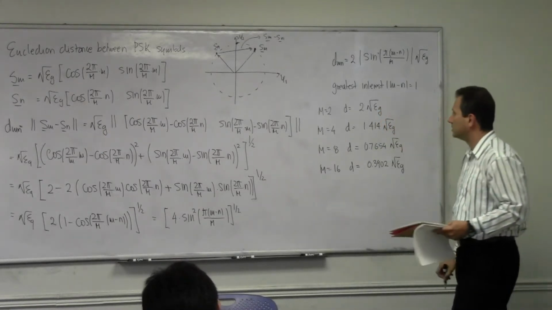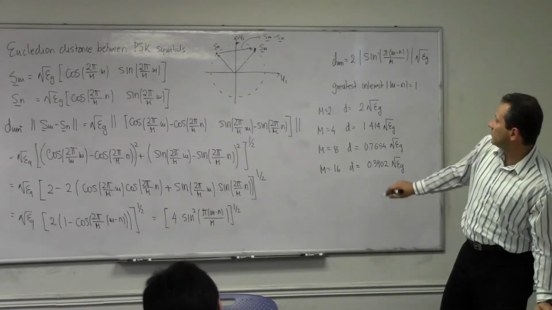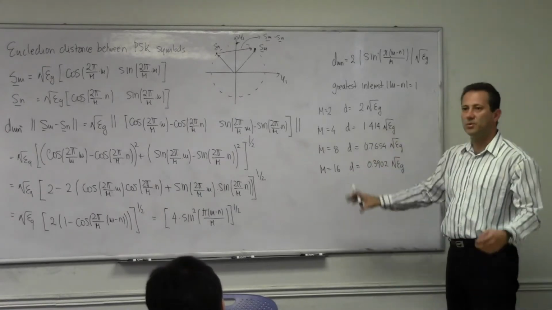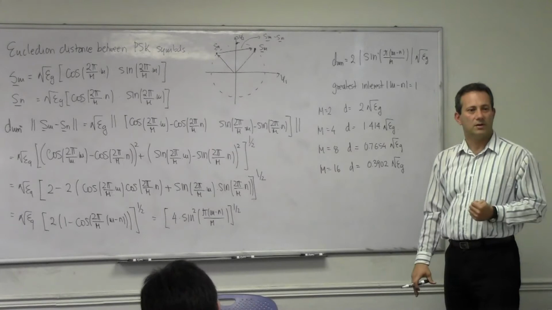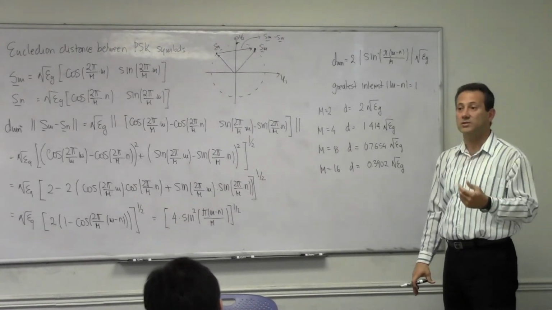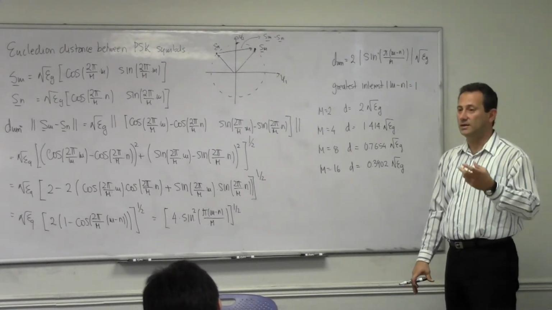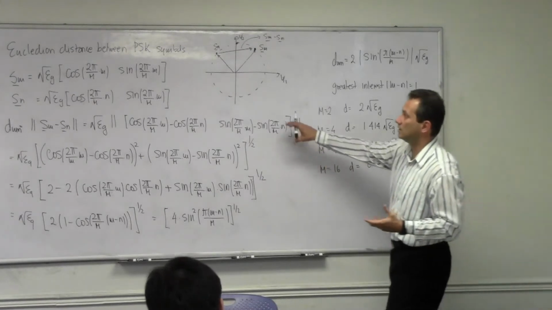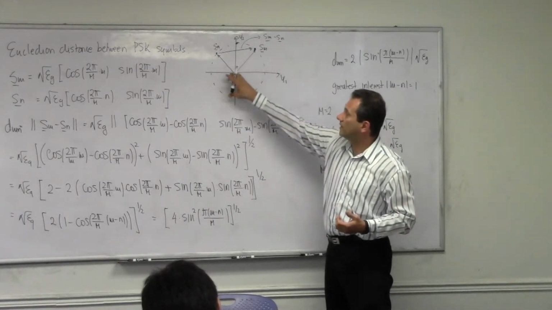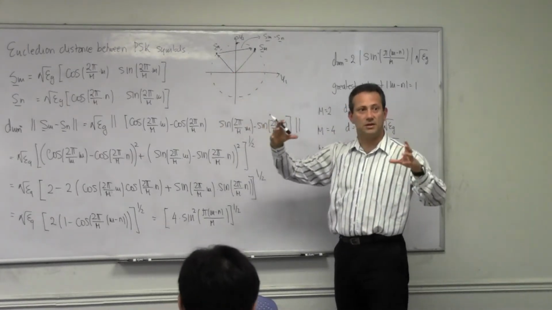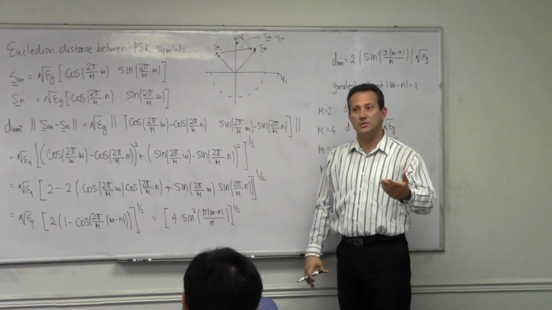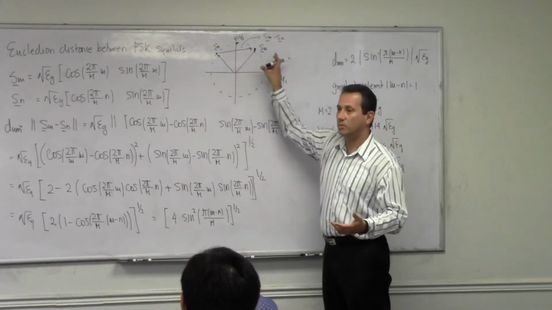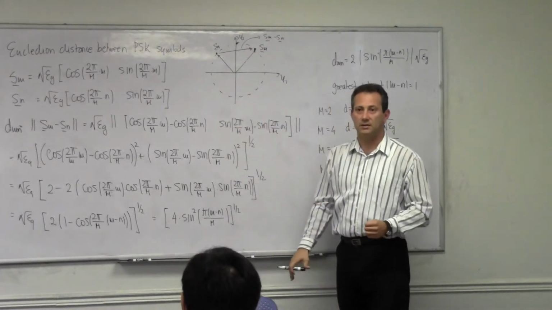What is it that you notice? You notice that for the same energy, as you start putting more and more symbols, the distance between them becomes smaller and smaller, right? And that makes sense, right? Look at our drawing here. If I keep the energy constant, which means I keep the radius of the circle constant, and somebody says, okay, m is equal to 4, then I put the 4 points, and they're separated.